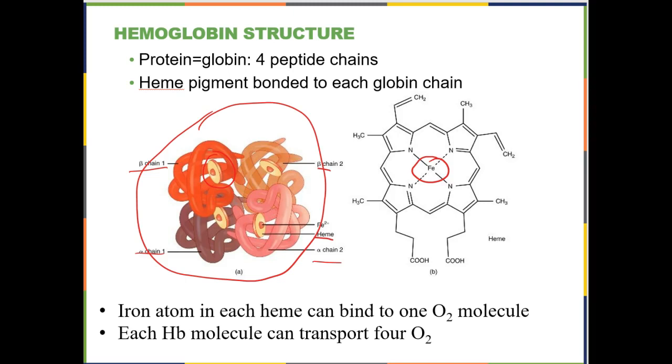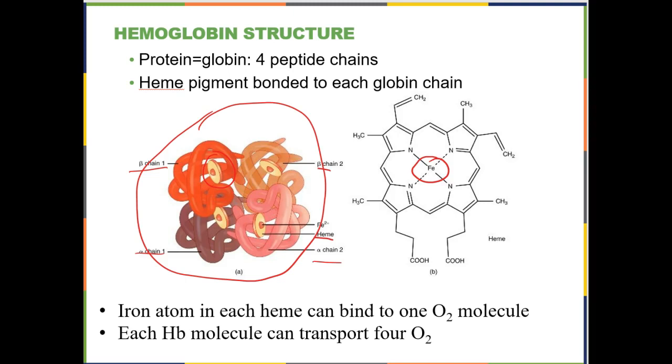So if you leave something metal, steel, outside, and it's not stainless steel, it will oxidize. The iron in that steel will react with oxygen in the air to form iron oxide or rust. So because iron likes to interact with oxygen, it is used as the oxygen-carrying component in your hemoglobin.